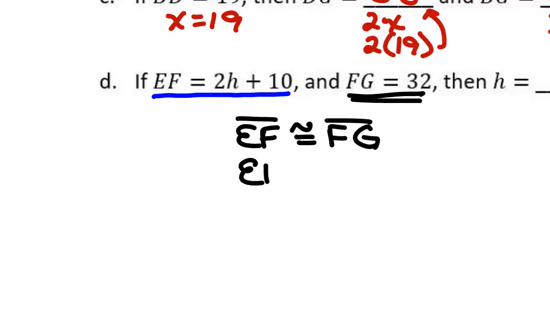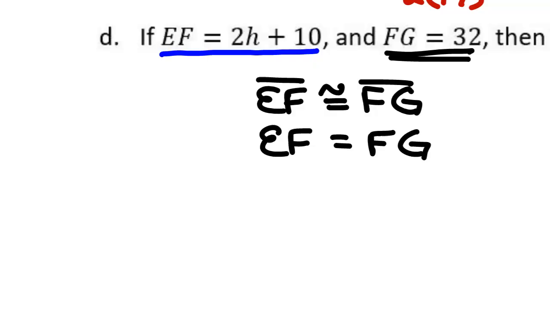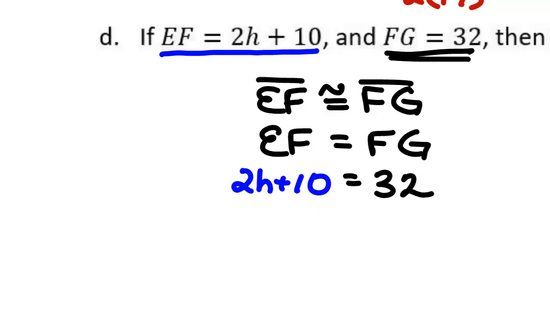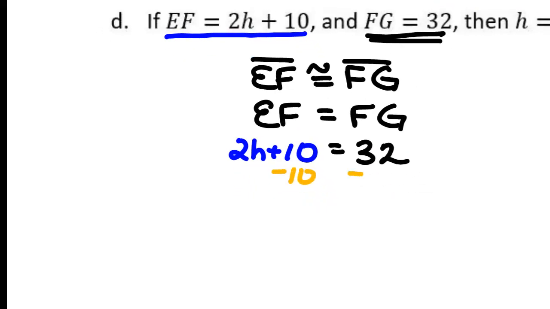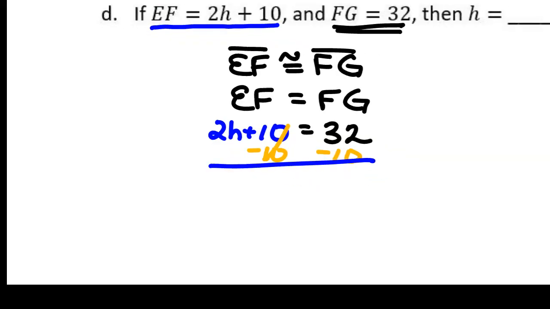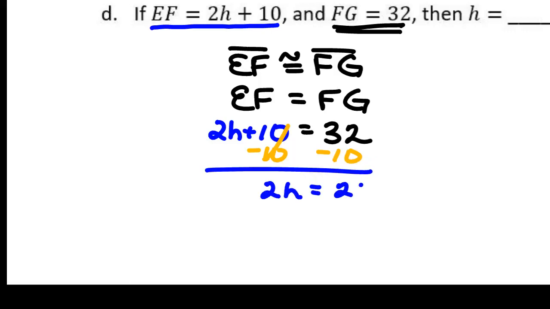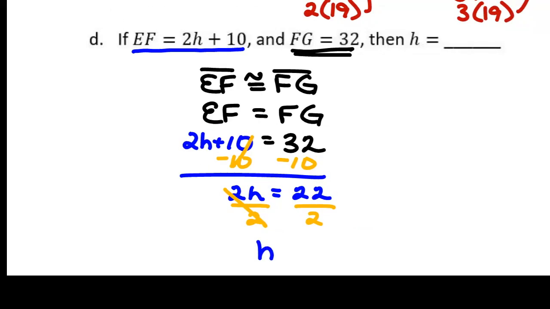That means the length of EF is equal to the length of FG. So I can say 2H plus 10 equals 32. Then I would subtract 10 from both sides. What is 32 minus 10? 22. So 2H equals 22. Then we divide both sides by 2, and that means H is what? H is 11. Perfect.